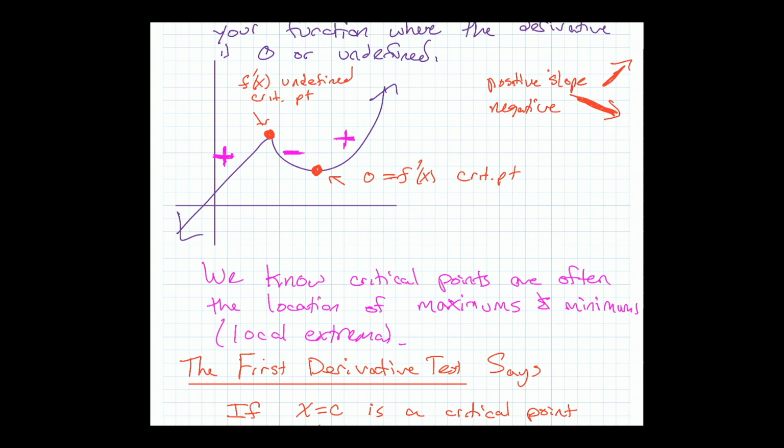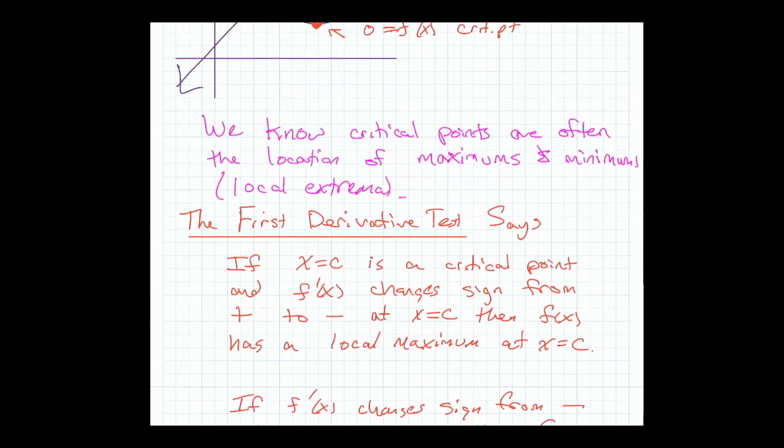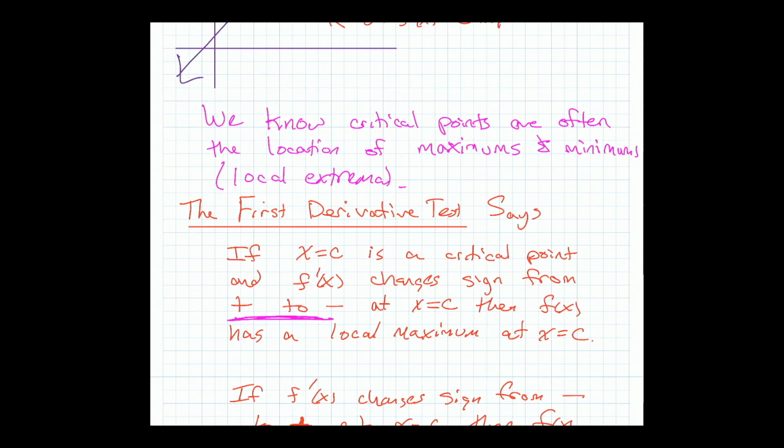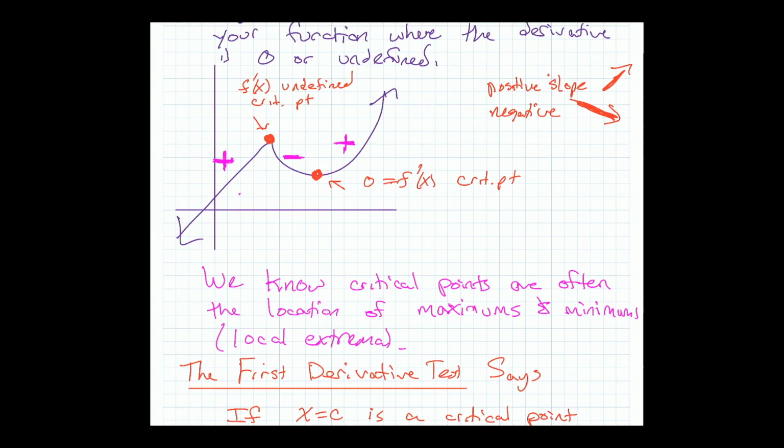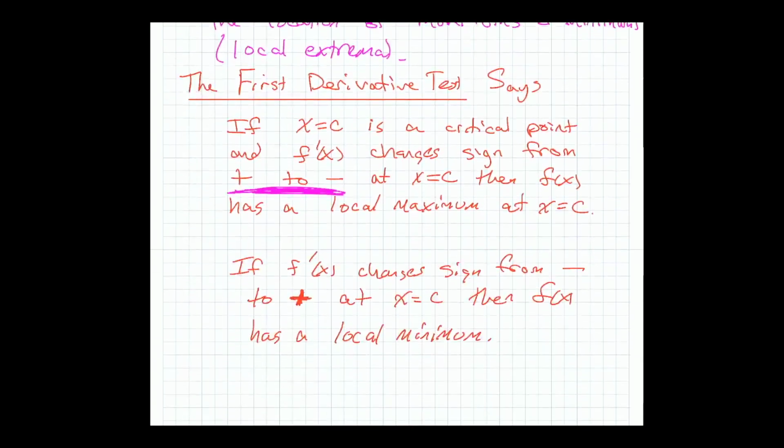So it goes plus, minus, plus. But the point is that if you have the signs go plus to minus, that means the function was going up and then came down. Well, if it goes up and then comes down, then it must have reached a maximum, right? Goes up, then comes down. So it hit a maximum value.